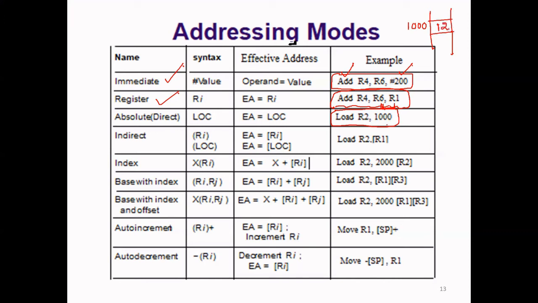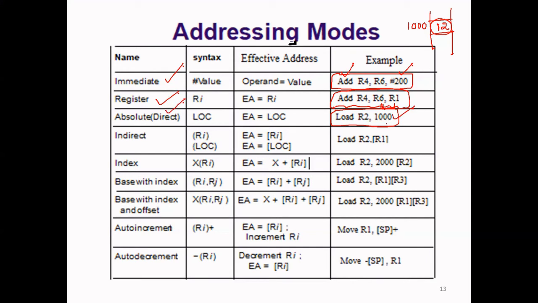After execution, what is the content of R2? It goes to location 1000, finds the data 12, and that data is moved to R2. Here the address of the data is directly given in the instruction. That's why it is called direct addressing mode.